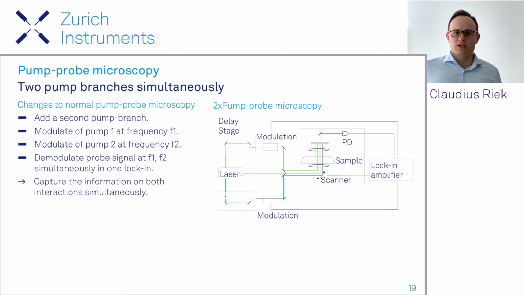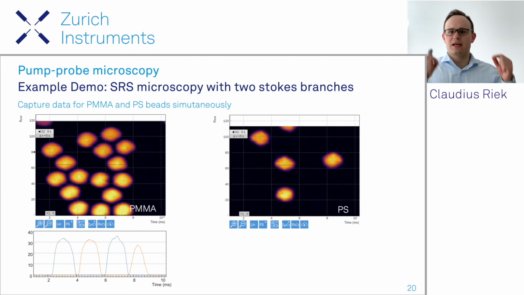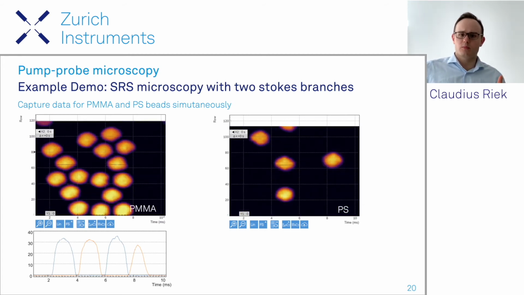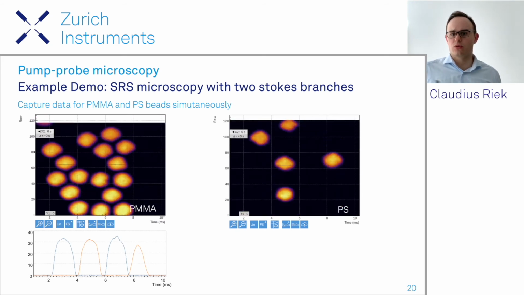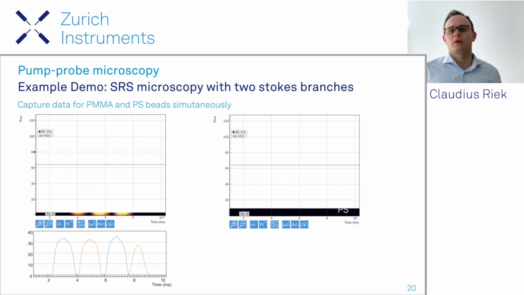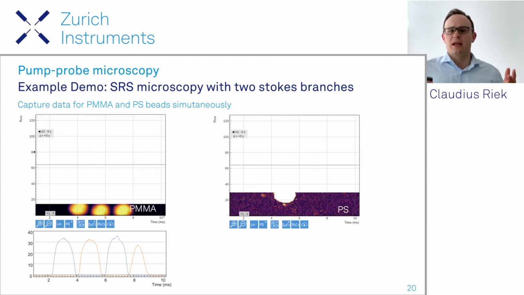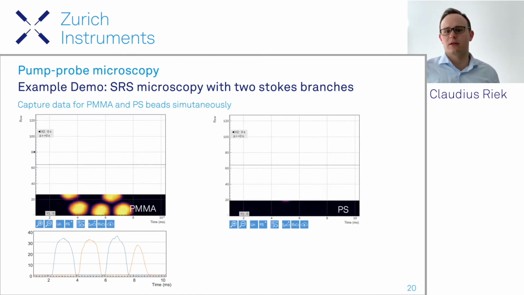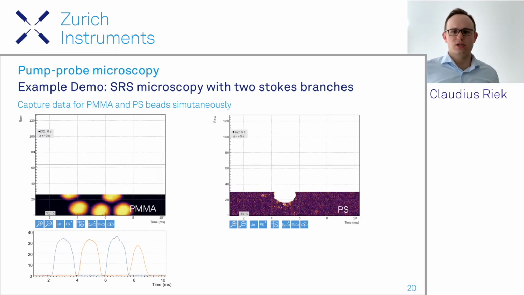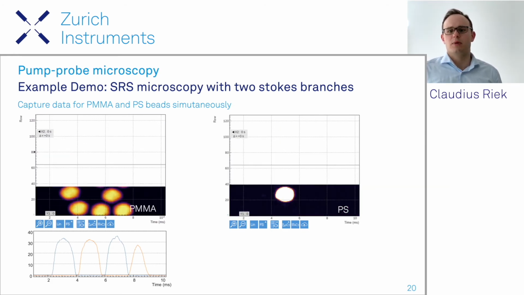Now you can imagine, for example, that you perform an SRS microscopy measurement where you have two Stokes pulses, one pulse train tuned to the resonance of PMMA and the other one tuned to the resonance of polystyrene beads. And now we acquire the signal in parallel, and what you can clearly see, you get the two images simultaneously built up.